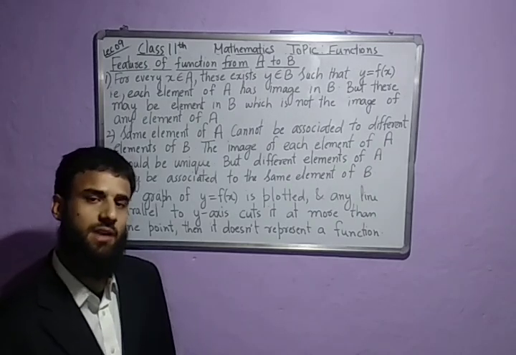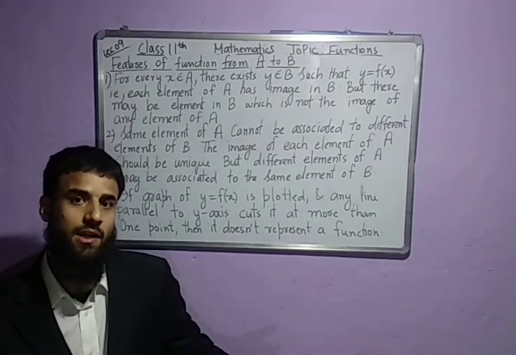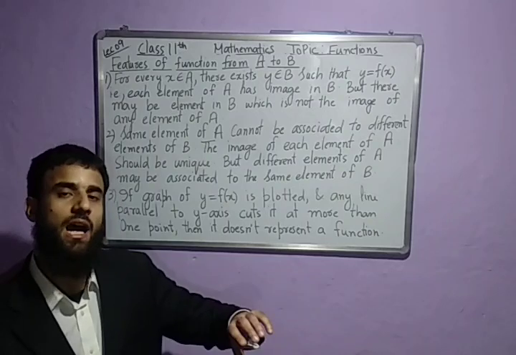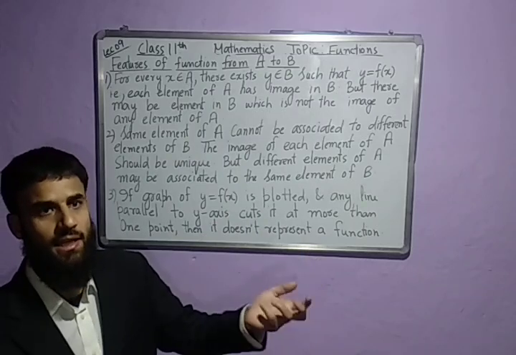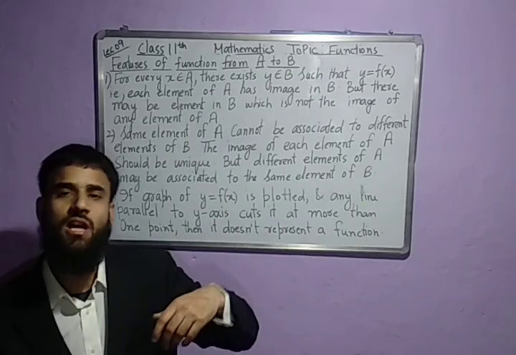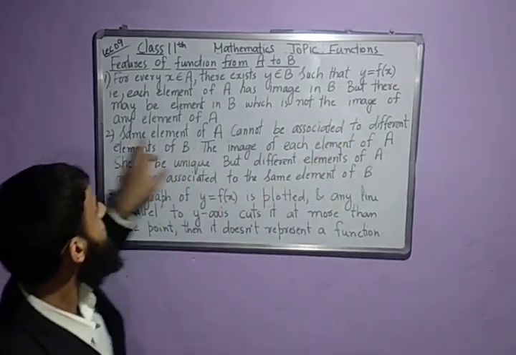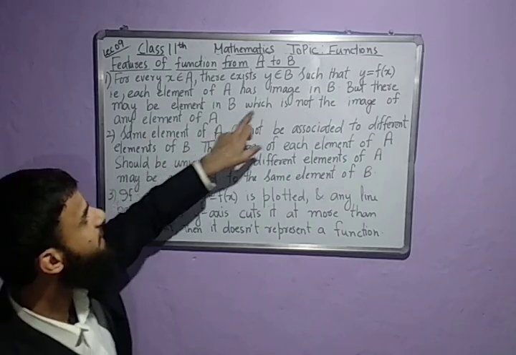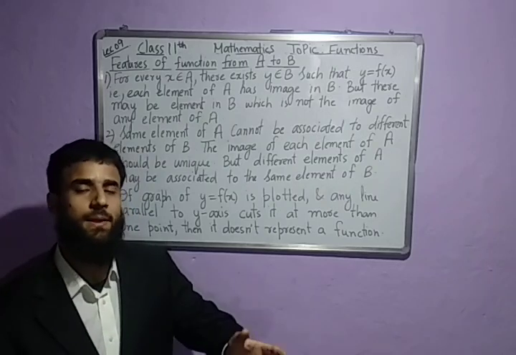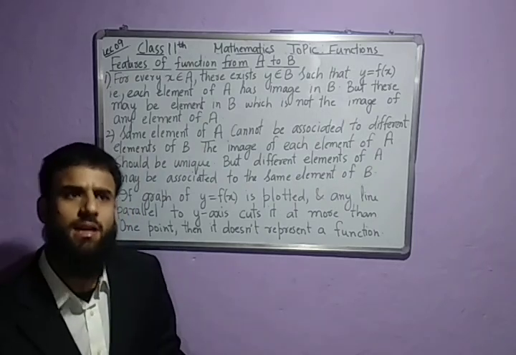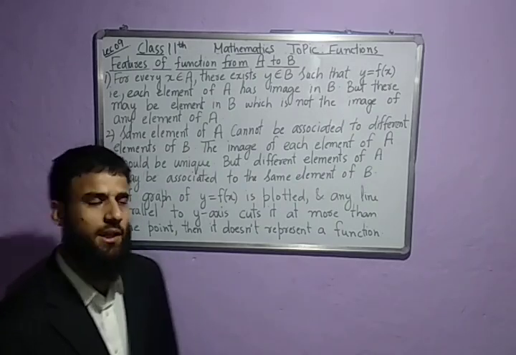The first and foremost condition is that each element in the set A should have some image in the set B. In other words, each and every element of set A should be related to some element in the set B. But there is a precaution: there may be some elements in the set B which are not the image of any element of A. In the set B, there may be some elements which are not associated to the set A. So it can happen.